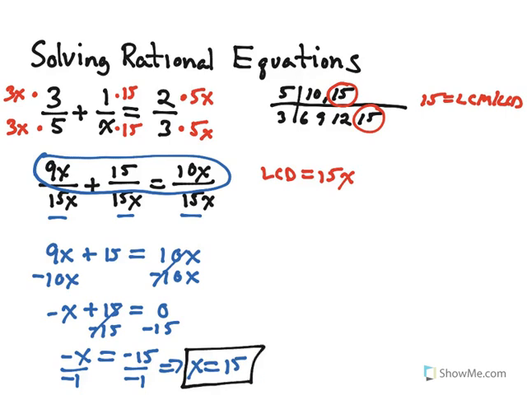Now as an alternative, I could have done this. We agreed that 15 was my LCD, right? And we also agreed that the x needs to be included in that because every denominator must have that x, not just the middle fraction. So we decided that the LCD is 15x.